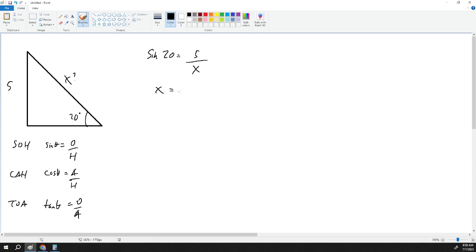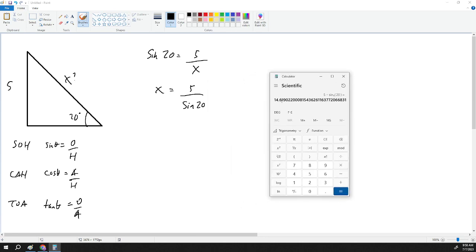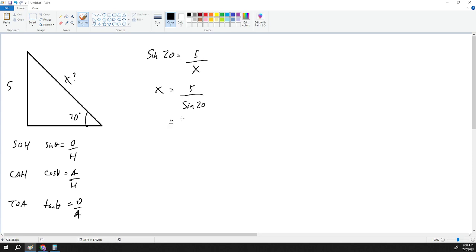So, x is equal to 5 over sine 20. Get a calculator. 5 divided by sine 20. You're left with 14.61. Round it up. 14.62.